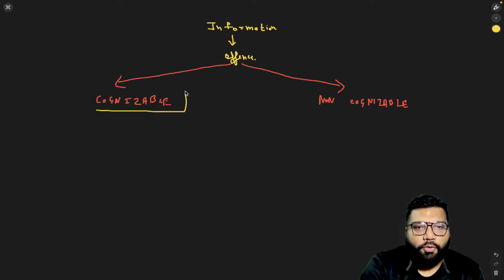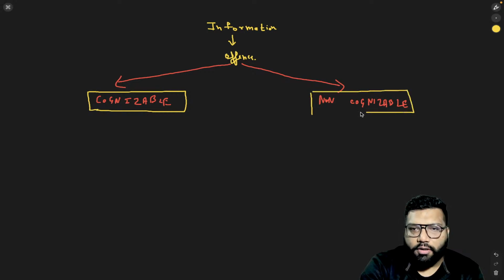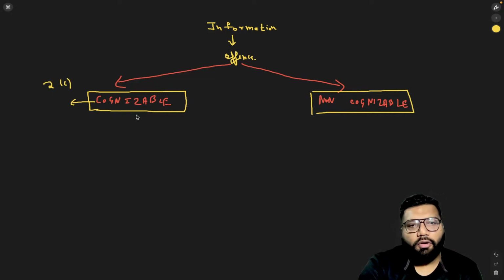Now, how does one get to know whether this offense is cognizable or non-cognizable? Section 2C of CrPC defines the concept of cognizable offense, or you can say the cognizable cases, and section 2L defines the concept of non-cognizable offense.